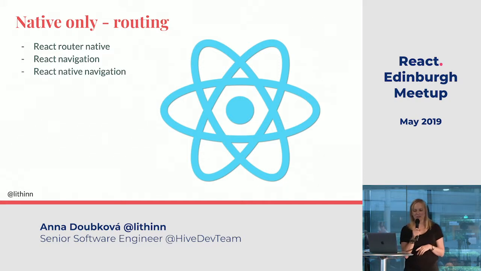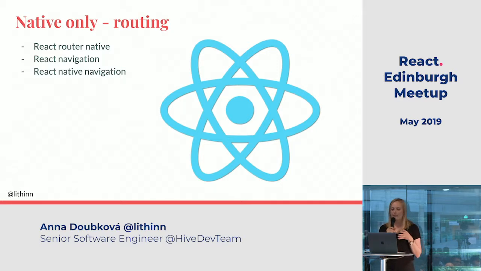So my recommendation would be to go with React Navigation, the latest one. I believe you need to combine it with React Native Screens, but then it's highly performant. It behaves in many ways exactly like native navigation would, but it's done for React Native, so it ties nicely with it.